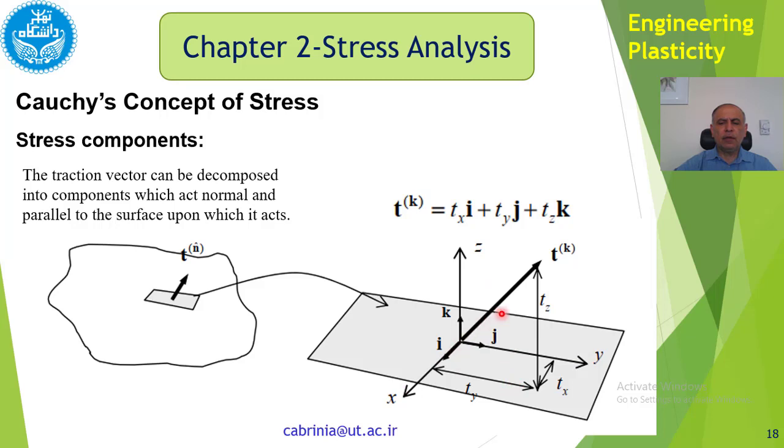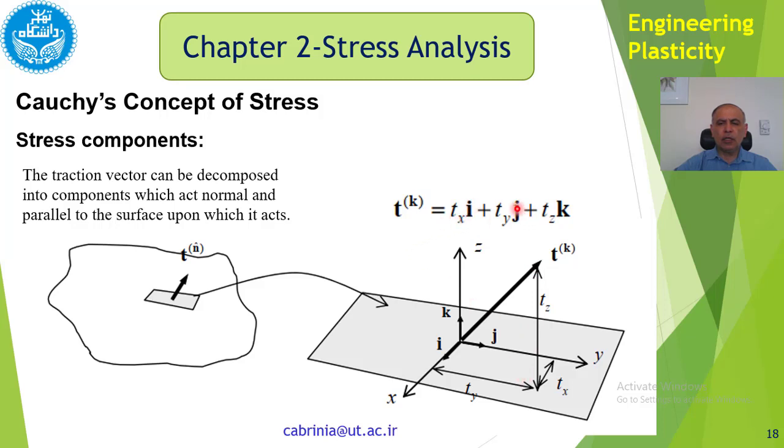And therefore, if this is t, k, we can have its components on the z, on the x and y axis like that, ty and tx, and this is obviously tz.